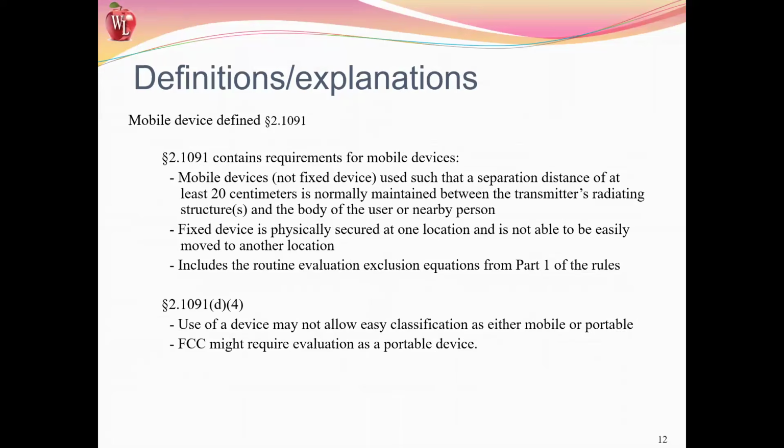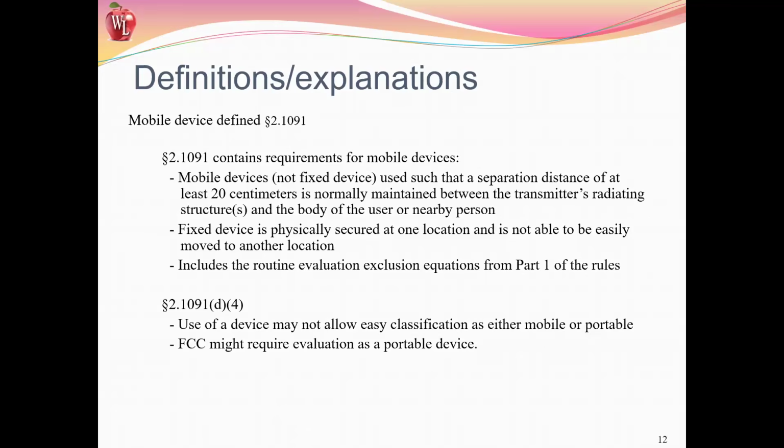And a fixed device is physically secured in one location and not able to be easily moved to another location. And they do have routine evaluation exclusions from part of the rules just because of that distance. And that would be, then you would apply the MPE requirements or MPE test.